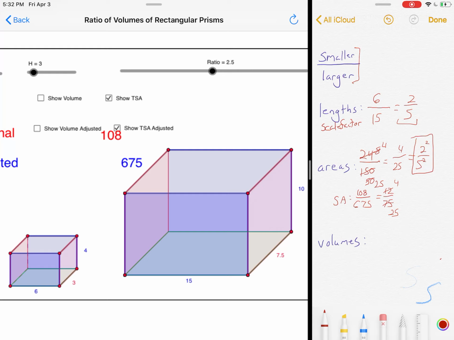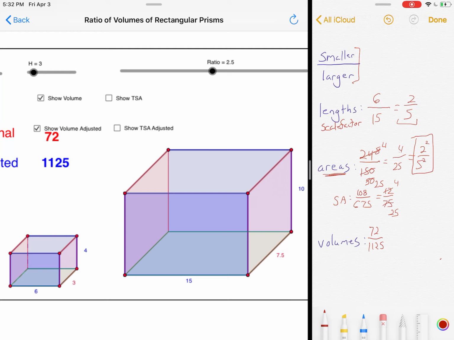Well, that has to do with area being square units, so it has to do with squares. So you might be able to take a guess of what's going to happen with the volume, but let's go ahead and look at that. So we'll get rid of our total surface area there. Let's show the volume. We could find the volume of this by multiplying out, but they haven't figured it out for us. So the volume of the smaller one is 72 units cubed, and the volume of the larger one is 1,125 units cubed.